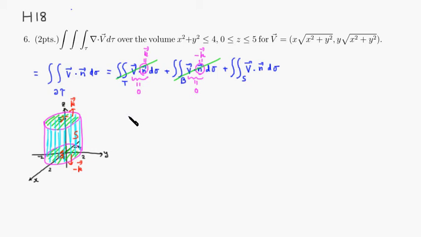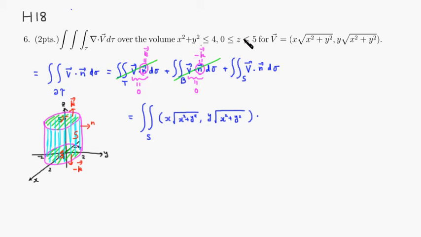So this is over the lateral surface, and v is x times the square root of x squared plus y squared, and y times the square root of x squared plus y squared. Then the outer normal vector would be this guy right here. How do we find that? It has to be perpendicular to x squared plus y squared equals 4, so we just take the gradient.